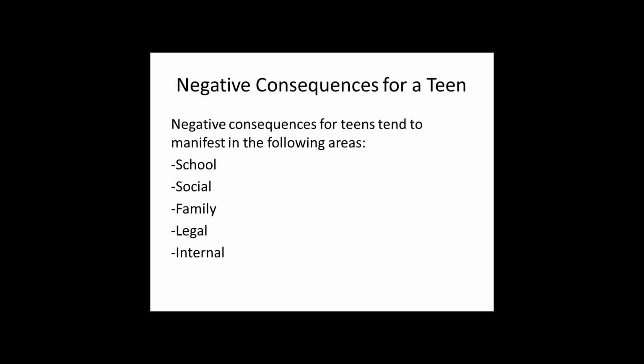So for an adolescent, we tend to see negative consequences accumulate or happen in these primary areas. School. It's difficult to engage in regular use of a mood-altering chemical and maintain the same level of academic performance that you exhibited previously.